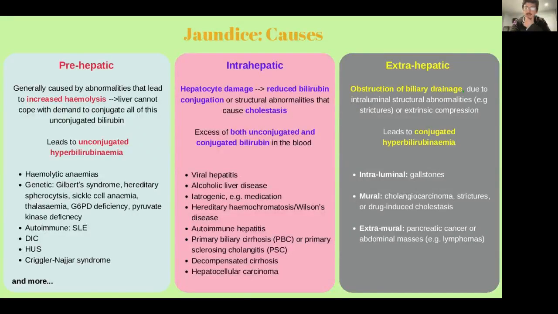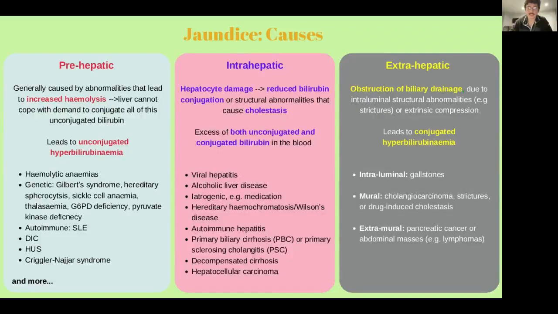So in an intrahepatic, you'd expect a mixed picture of both conjugated and unconjugated hyperbilirubinemia. But with Crigler-Najjar, you're getting that pure unconjugated hyperbilirubinemia. So I guess, anatomically, it might be intrahepatic, but the picture you see on the blood tests with the bilirubin is prehepatic.